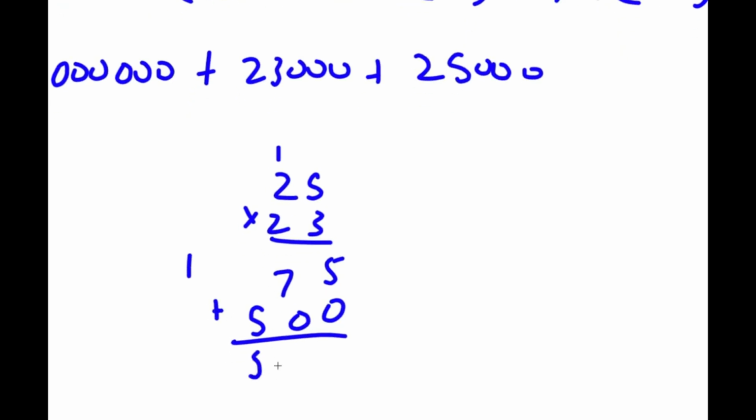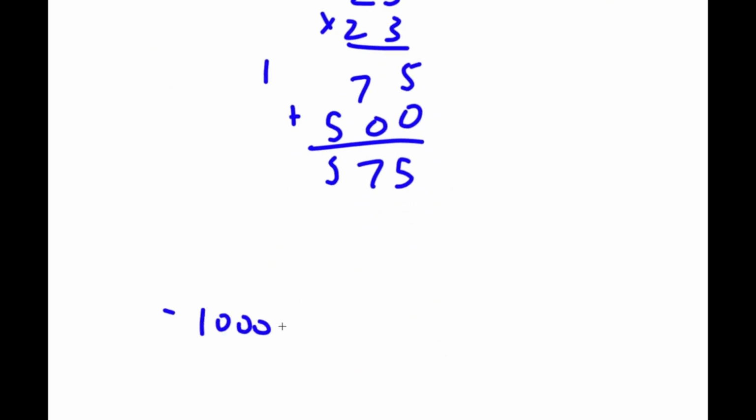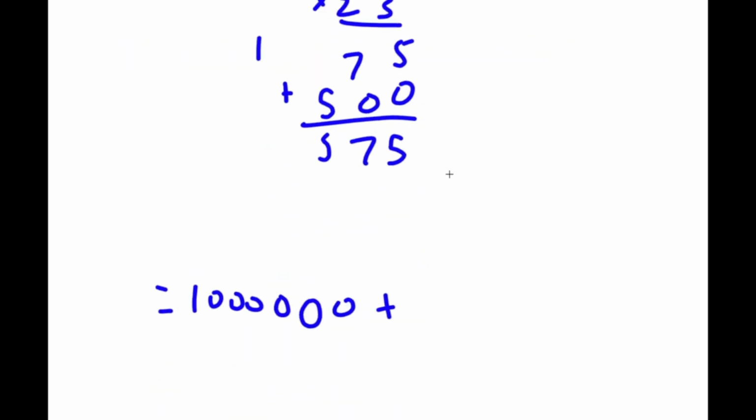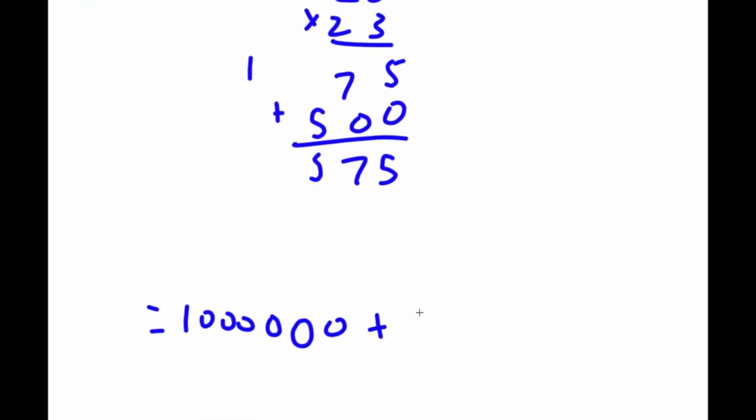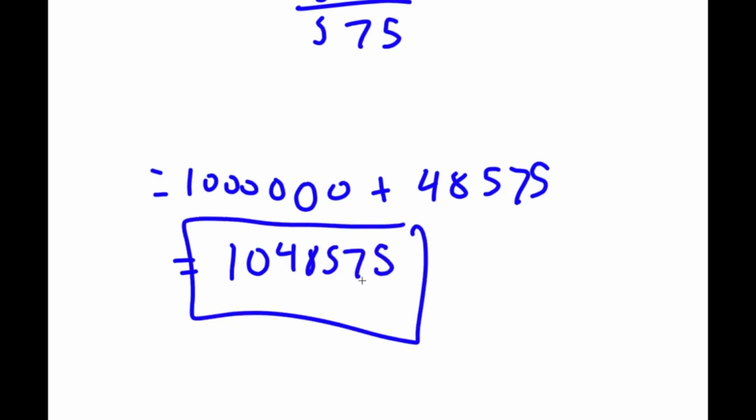So if I add these, I get 575. So I have 1 million plus 23,000 plus 25,000, which is 48,000, plus 575, which is 48,575. So if I add these two, I get 1,048,575. So this is my answer.